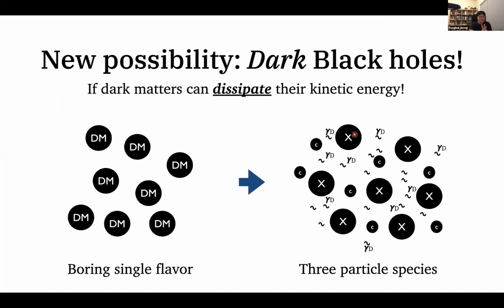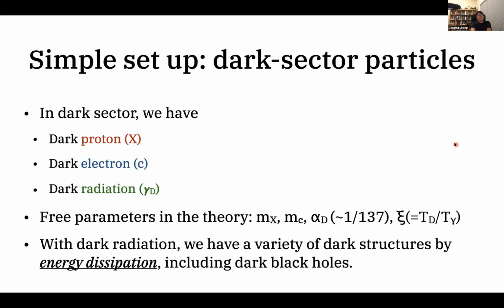One is X, we call dark proton, C, we call dark electron, and gamma D, that is a dark photon. So in this model, we have three different species, and we have 4 parameters: the mass of the dark proton, the mass of the dark electron, the coupling constant between dark charge and dark radiation, and the temperature of the dark photon.